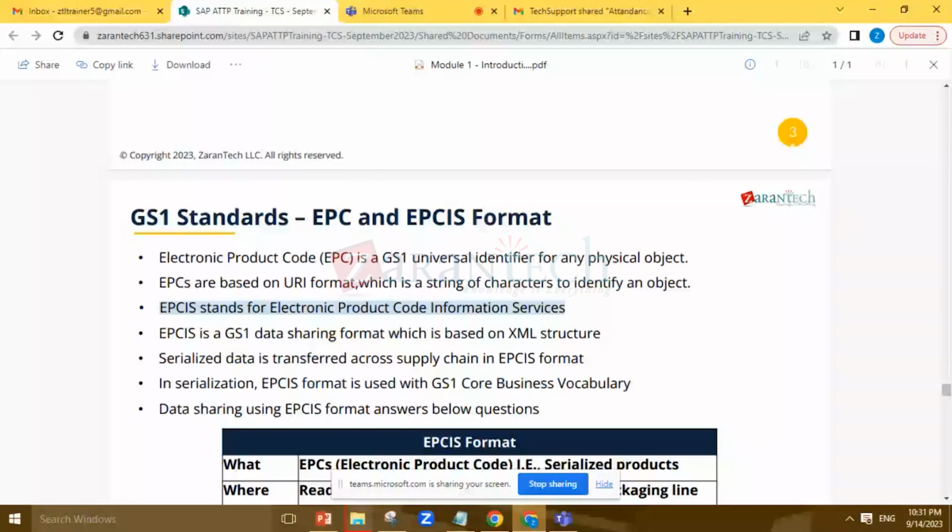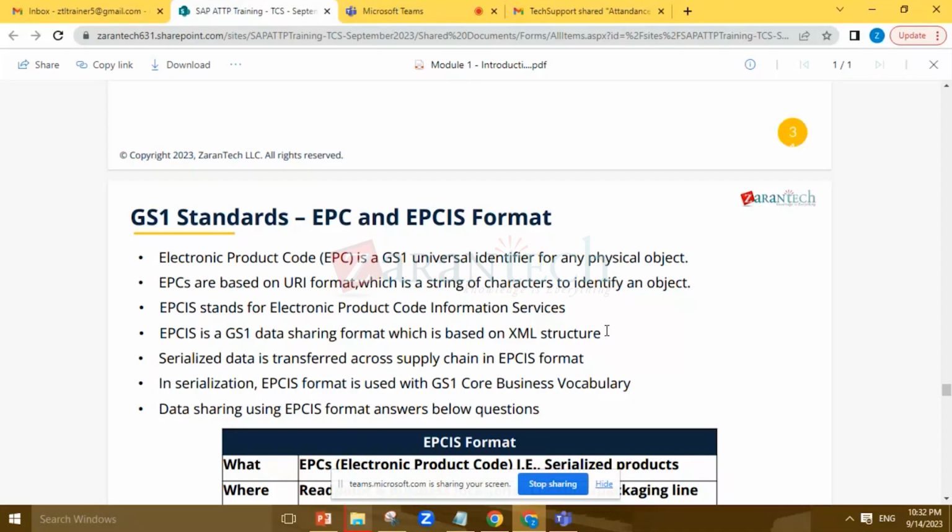Maybe some of you who are from a computer background would understand. An XML structure is a data structure where you can send a lot of information under one file, and each piece of information is differentiated through a tag. So this structure is basically an XML structure, and the information follows the GS1 standard.